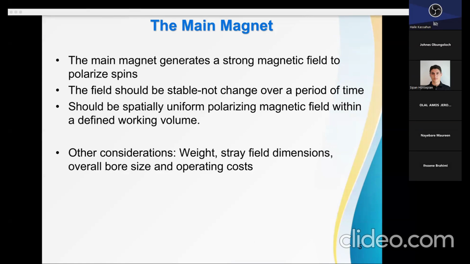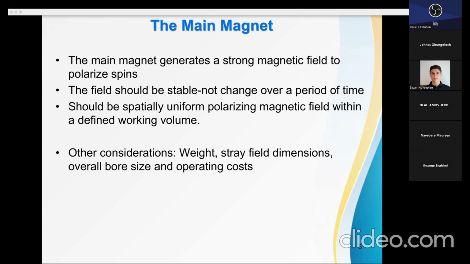If you are generating 1.5 Tesla today, 10 years later you should still have 1.5 Tesla. It should also be spatially uniform: within the imaging volume, if it is 1.5 Tesla at x equal to 3, it should be 1.5 Tesla at x equal to 0. So you should have a uniform magnetic field within the working volume.